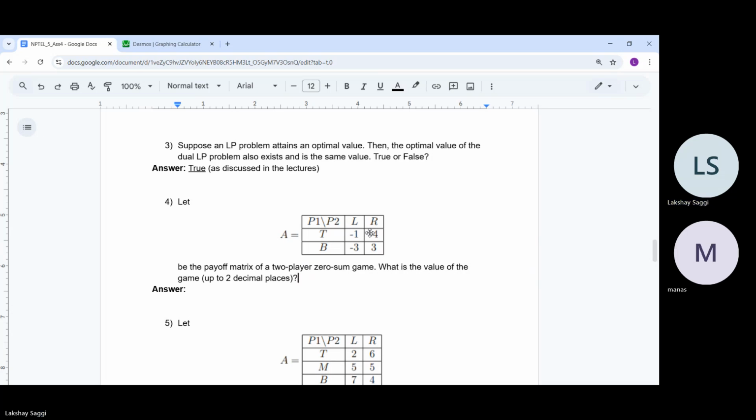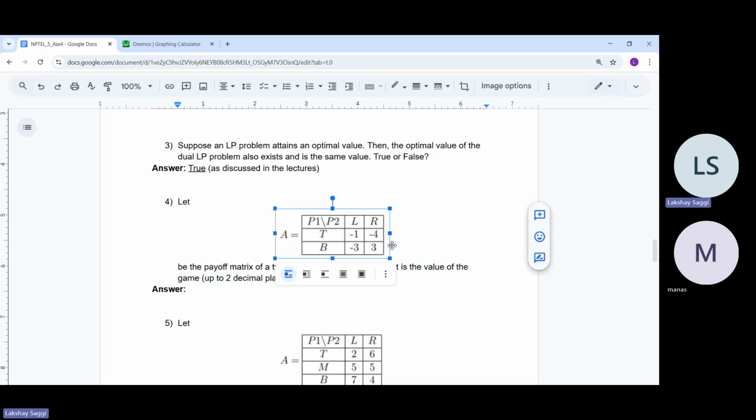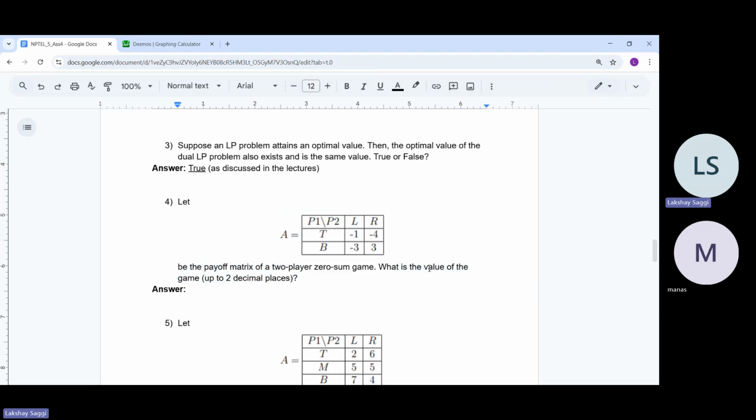So maybe we can try to do this question. These kinds of questions have also been discussed in the lectures, but just for additional practice. This is the payoff matrix given to us, and now we need to find the value of the game up to two decimal places. So let's first look at the row player.